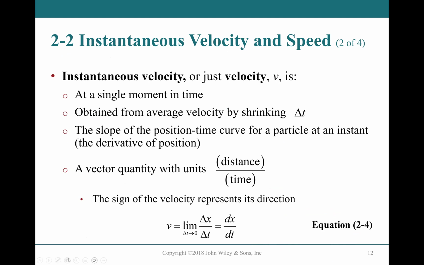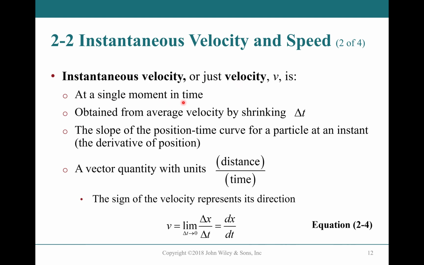What is instantaneous velocity? Instantaneous velocity, or just the velocity, is the velocity at a single moment in time. If you are driving a car and you can read the number on the speedometer, that number is the instantaneous velocity. It should be the absolute value of your instantaneous velocity.